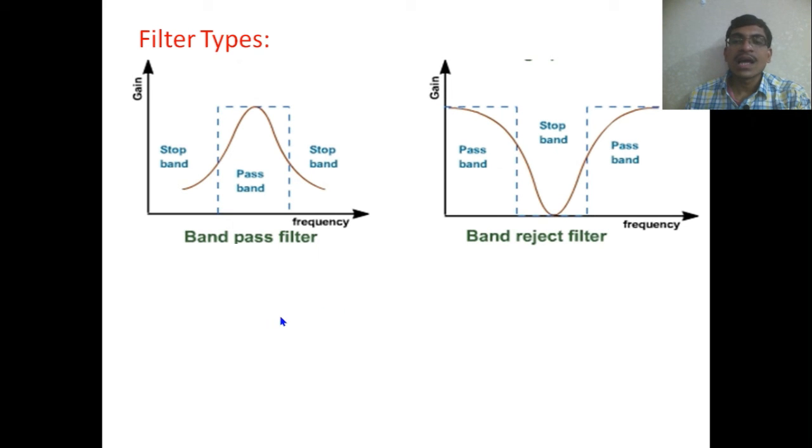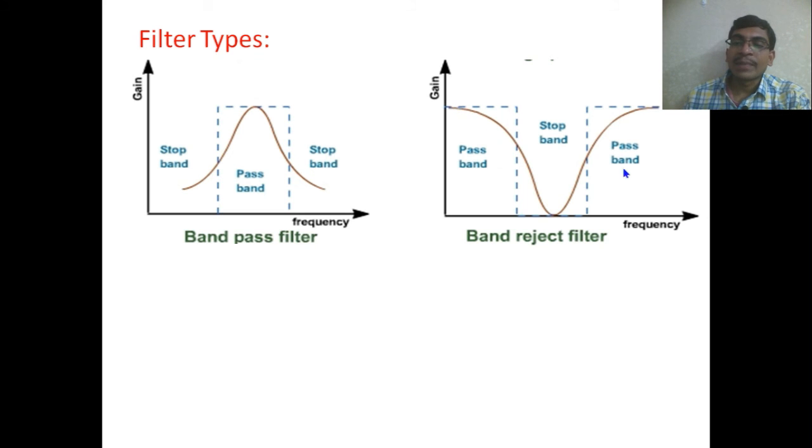And the next one is the band reject filter, which is just the opposite of the band pass filter. The band reject filter has one stop band and two pass bands. In the stop band, the gain is minimum or 0, and in the pass bands, the gain is maximum.